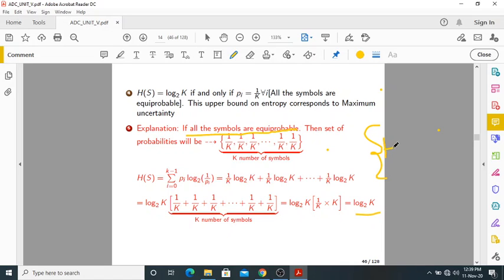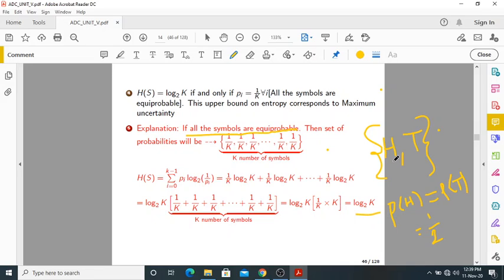You toss a coin, you may get a head or a tail. The probability of getting head is the same as tail, that is 1 by 2. These two are equiprobable.